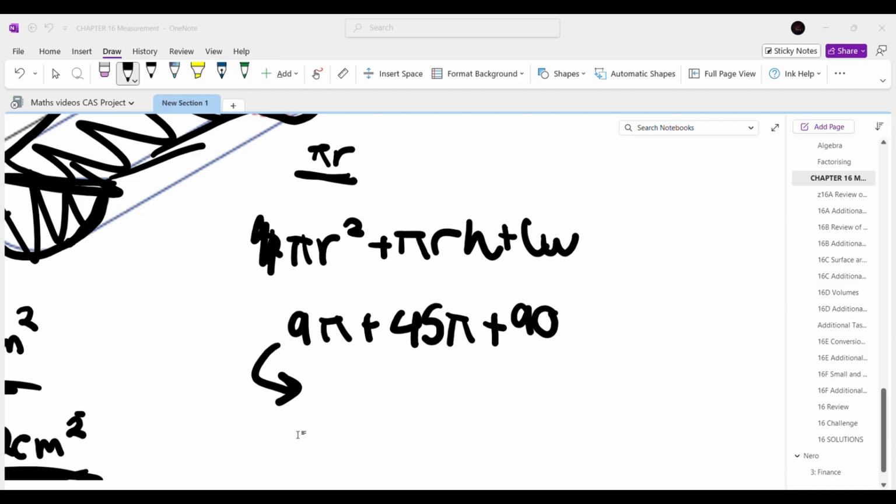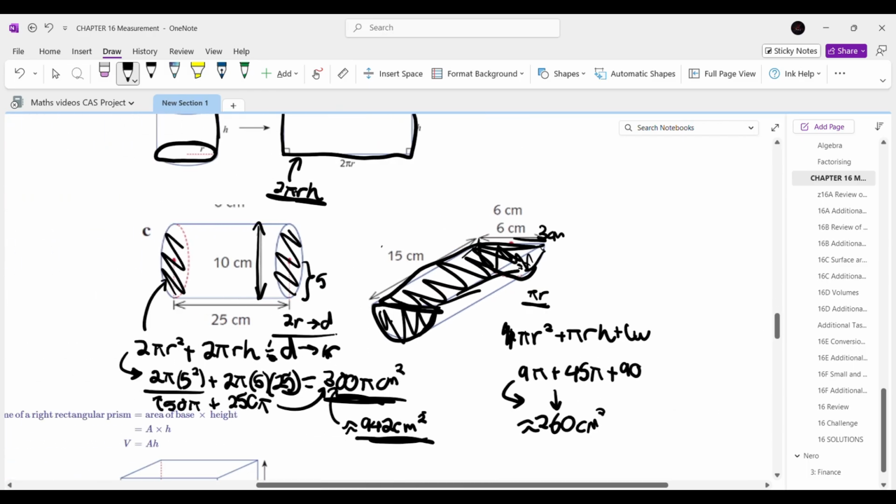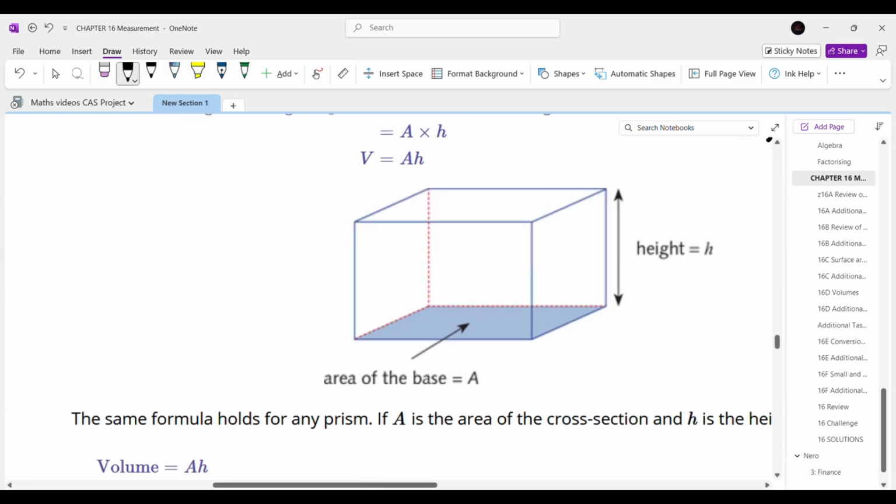And this gives our surface area, which is 54 pi plus 90, approximately equal to 260 centimeters squared. This is just rounding to 3 significant figures once again.